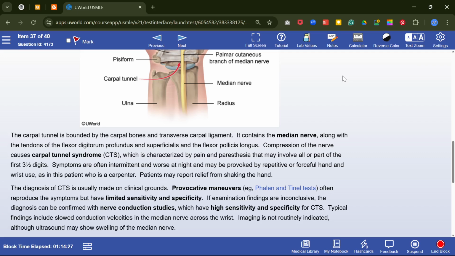If examination findings are inconclusive, the diagnosis can be confirmed with nerve conduction studies, which have high sensitivity and specificity for CTS. Typical findings include slowed conduction velocities in the median nerve across the wrist. Imaging is not routinely indicated, although ultrasound may show swelling of the median nerve.